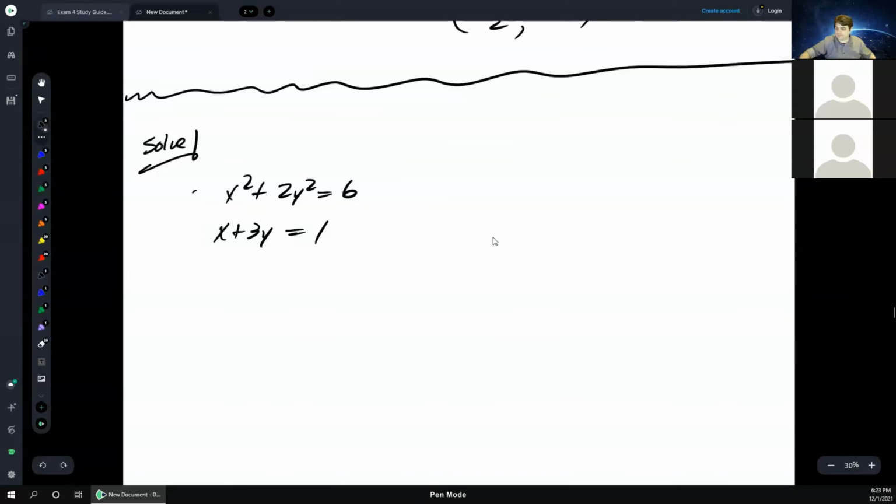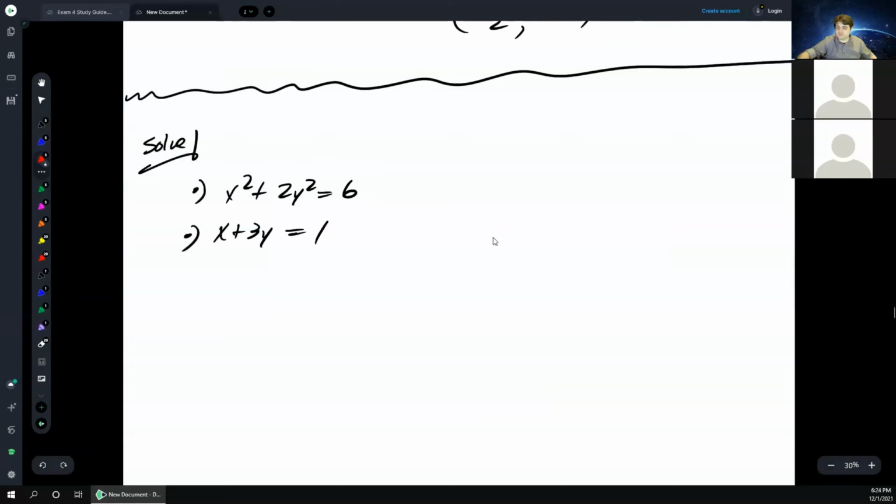Okay. So in this case, we can't do elimination because in terms of the x's, we don't have like terms, so we can't cancel out. And in terms of the y's, we don't have like terms. So in either case, we can't cancel out. So we're going to have to do substitution.